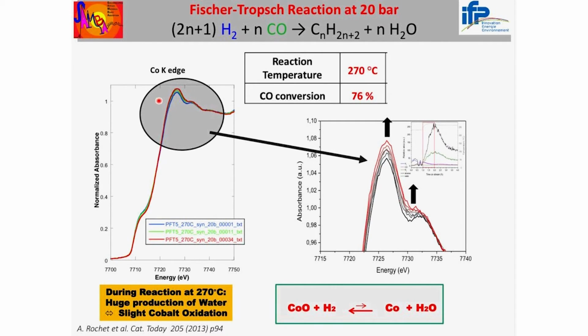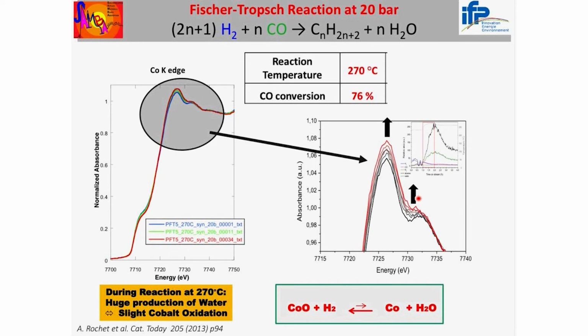If you look at the maximum of the white line here as a function of the residence time at this temperature, we observe that during this residence time at high temperature, we have an overall increase of the intensity of the white line, as you can see here with the zoom.